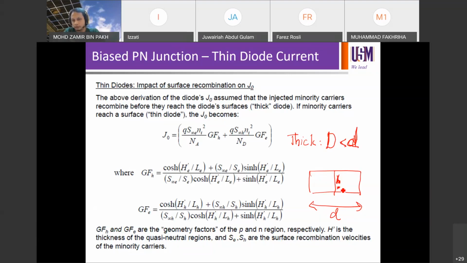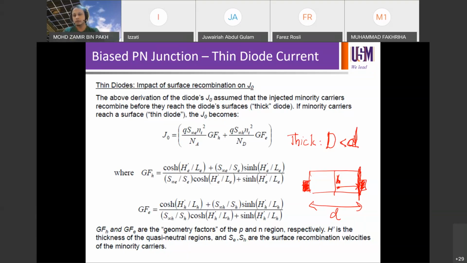So if you want your carrier to diffuse to the right, for example, and reach the surface on the right so that the carrier can be collected by the metal on the left and on the right. We're going to see the metal's role later on in our next topic, metal semiconductor junction. Don't worry yet. So if you want your carrier to diffuse to this end in order to be collected at the metal contact and contribute to the IV curve and so on.